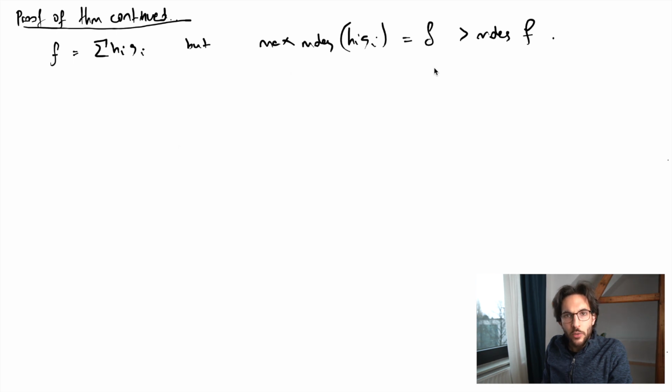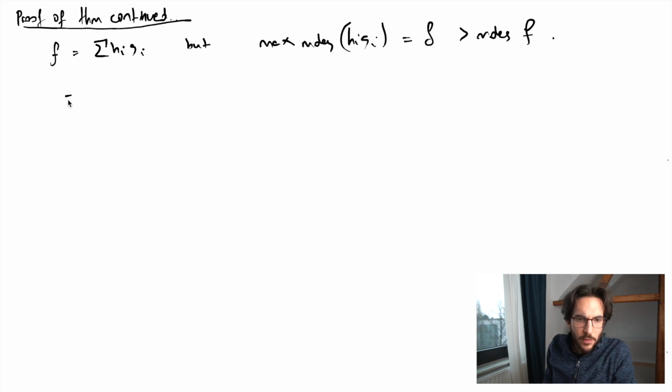And what we want to do is to say that in this case, I can find different coefficients for g_i's so that the maximum of the multi-degrees will be strictly less than delta. And that means I can keep repeating this procedure until I hit the multi-degree of f and conclude the theorem. So our goal is to find better h_i's.